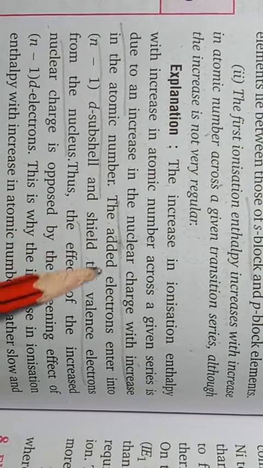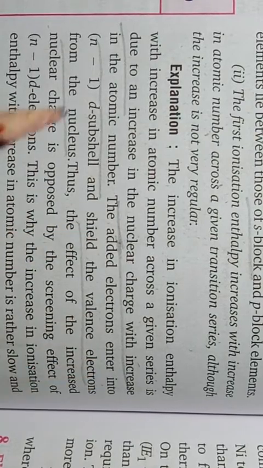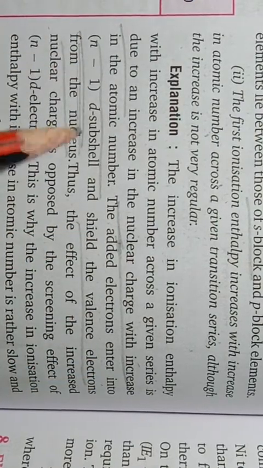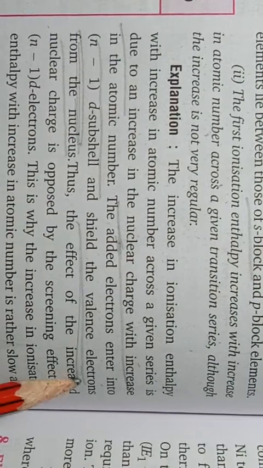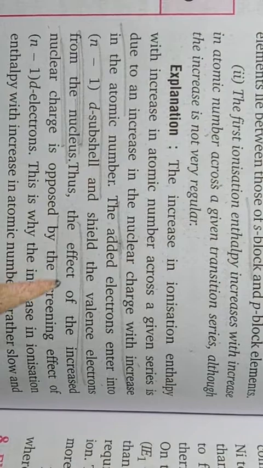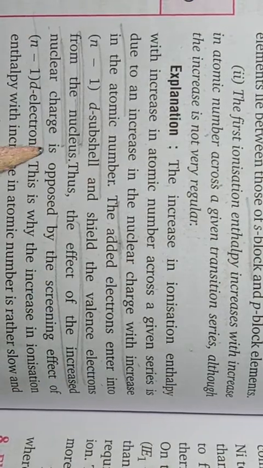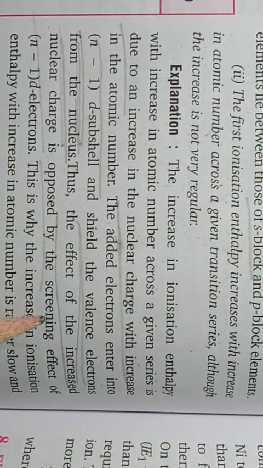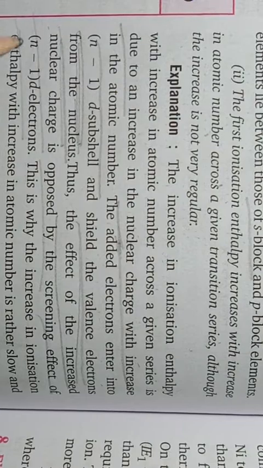But the added electrons enter the (n-1)d subshell and shield the valence electrons from the nucleus. That is why the effect of the increased nuclear charge is opposed by the screening effect of (n-1)d electrons.